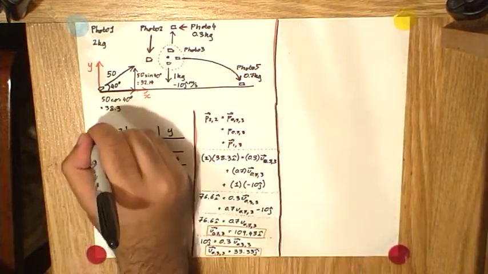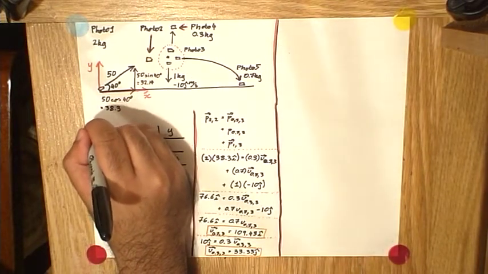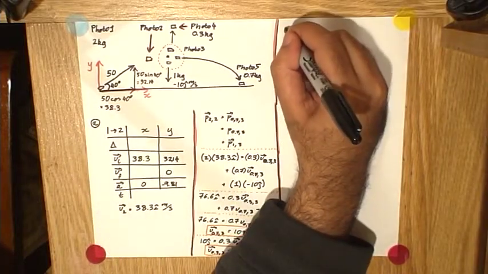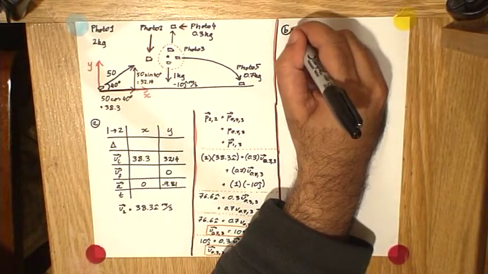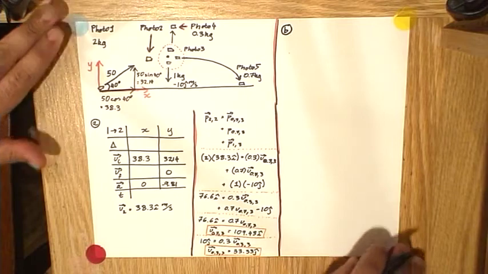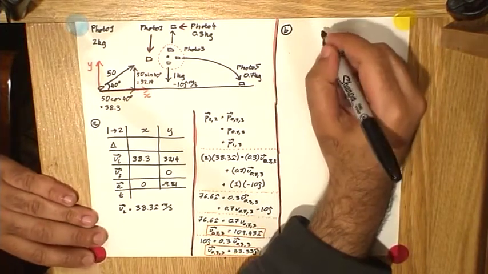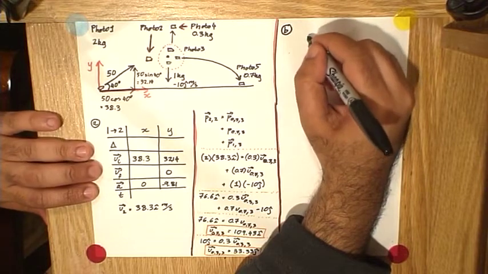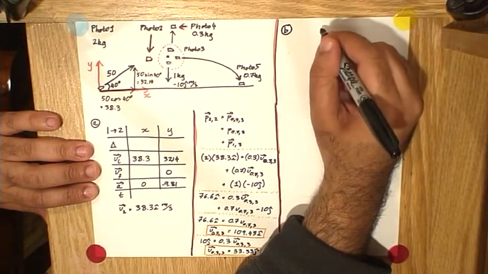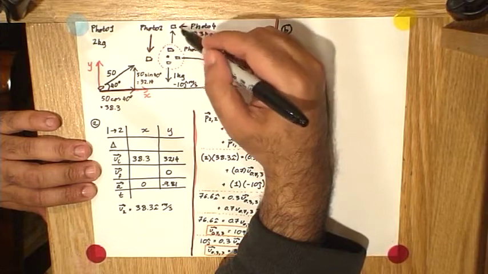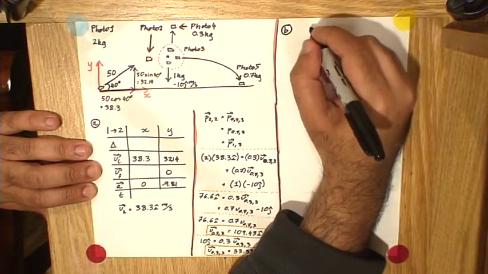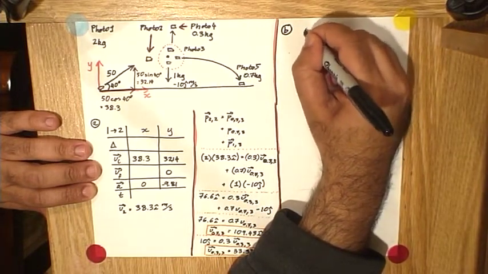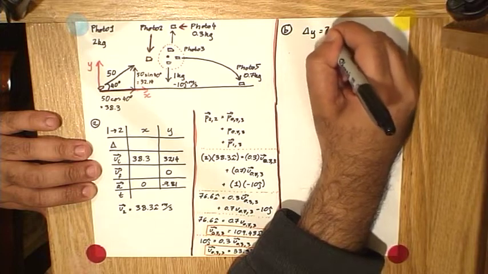So for part B of this question, so this was part A, we can talk about all of the variables that are occurring in the y direction for this 0.3 kilogram fragment. So in the y direction, we have delta y, which is unknown.